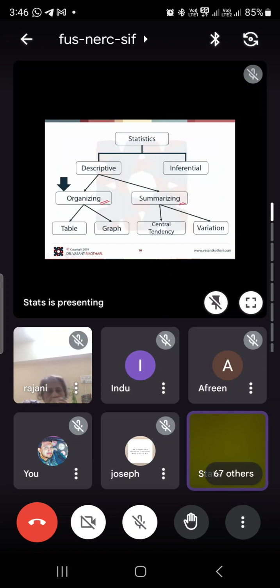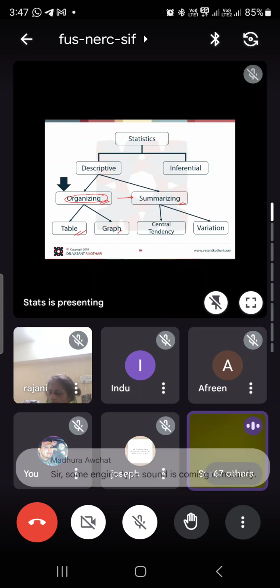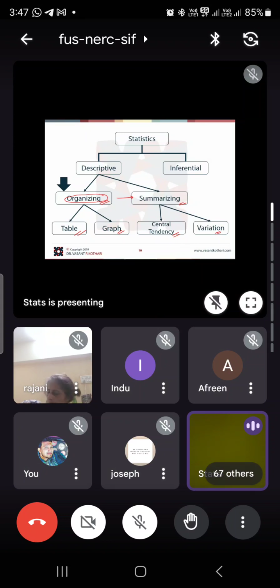Now, the moment you get the raw data, the first thing you need to do is organize it. And the next is summarize it. First, you need to organize, then you need to summarize. So how do we do the organizing? That is a table and a graph. And how do we summarize? Central tendency and variation. These two things we normally use.